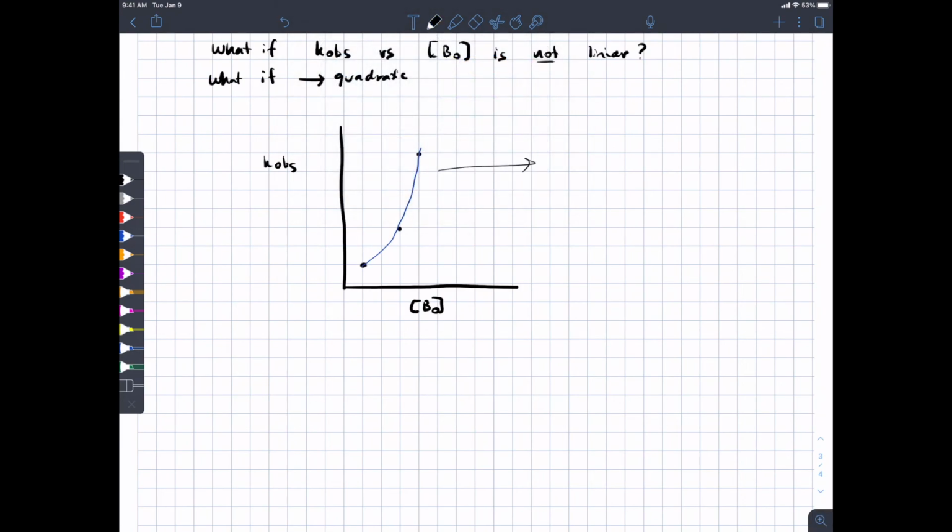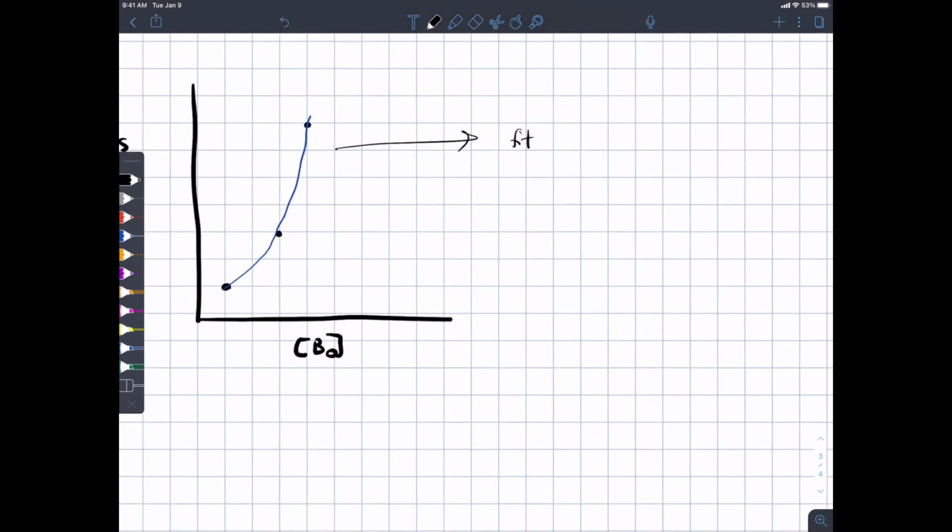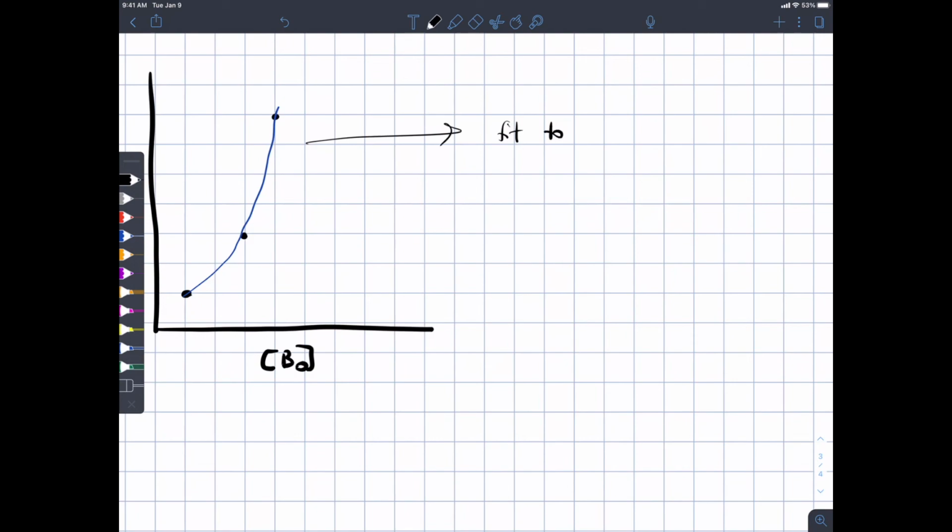And let's suppose that we can fit it to k obs equals some constant k times the square of the concentration of B. This would tell us, oh, the reaction's second order in B. All right?